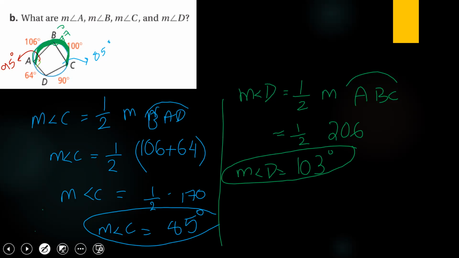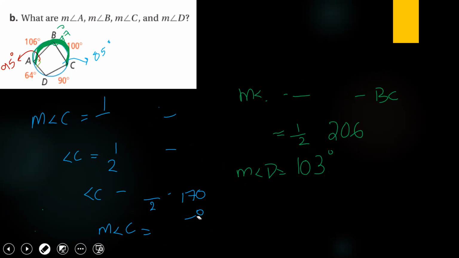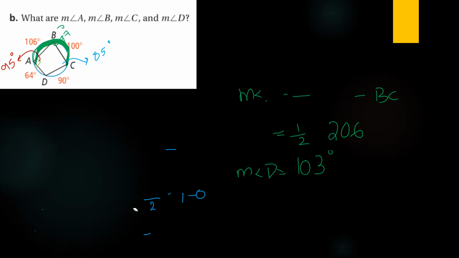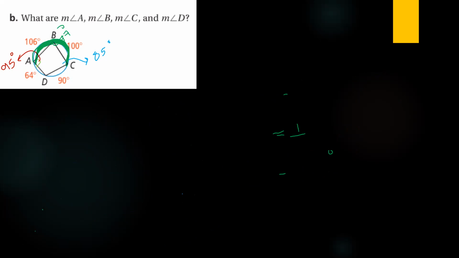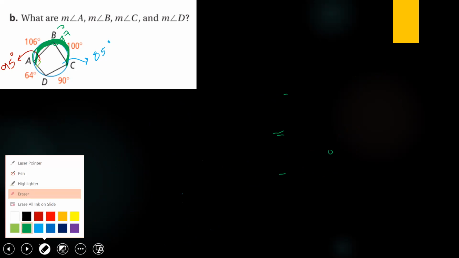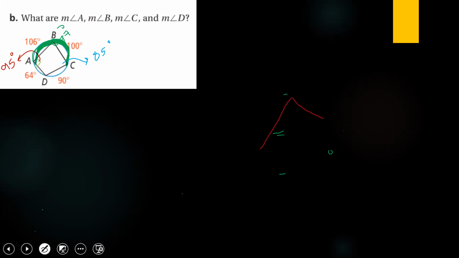So if this angle is 85, this one 77, and this one 95, then the measure of angle D will be 360 minus the summation of these angles.